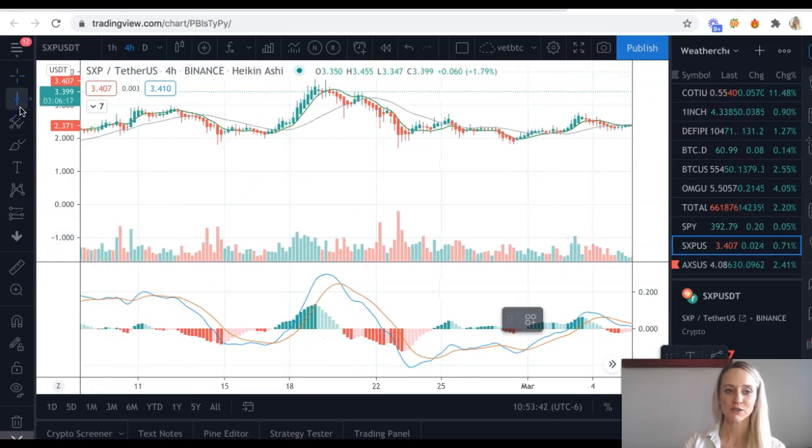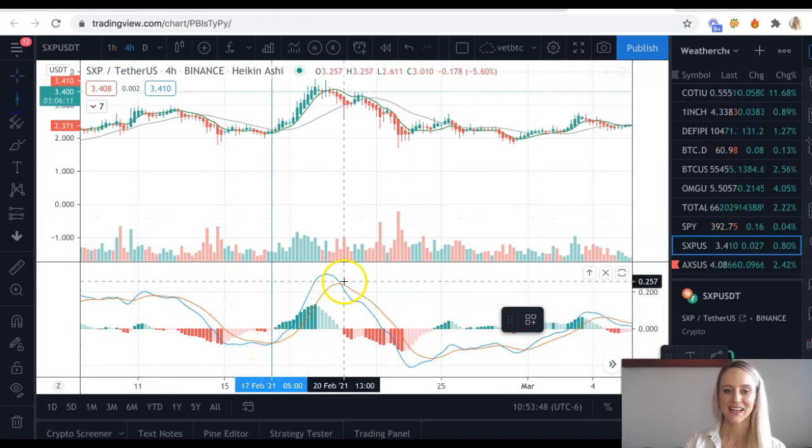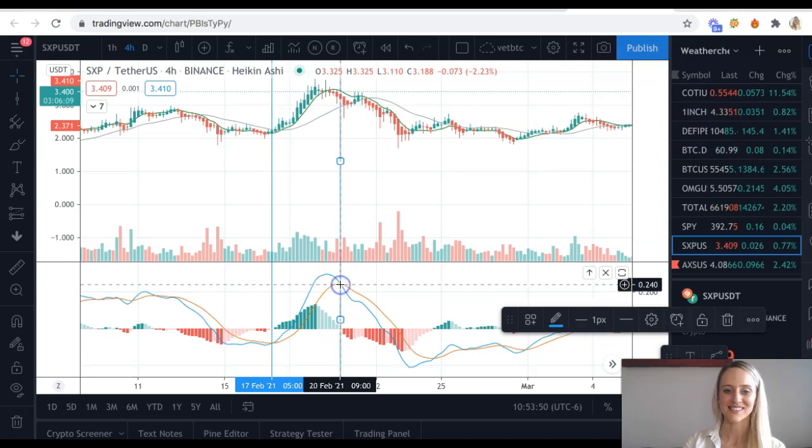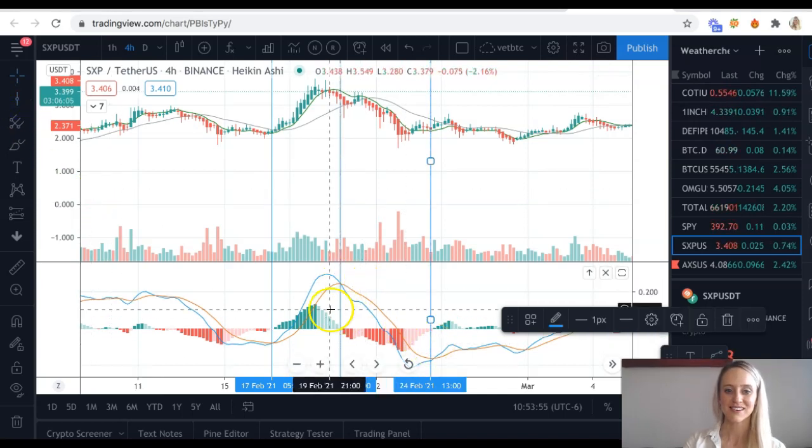Let me show you this so you can click this line to back test it. So here you had a cross, draw another one, here you had another cross. You have another MACD cross. As you see right here, when you had your cross, you had upward momentum. The price action showed that.